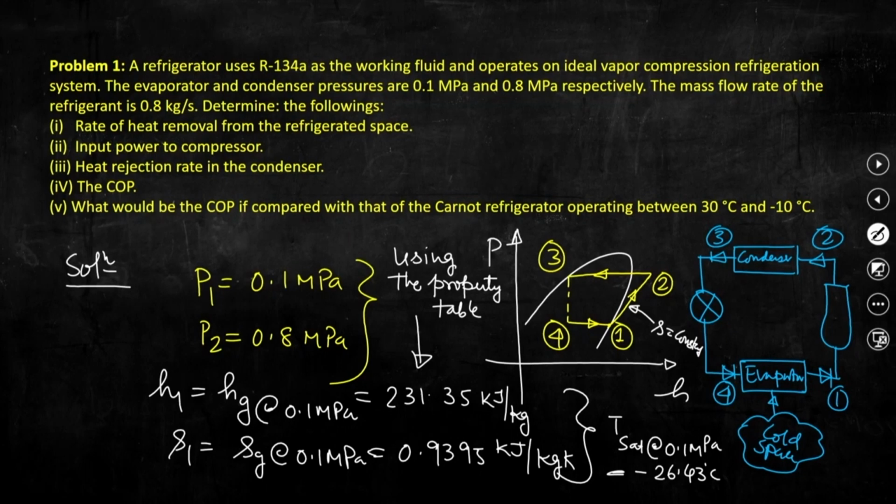Okay. If we go to the next slide, then what we know is that process 1 to 2 is an isentropic process.